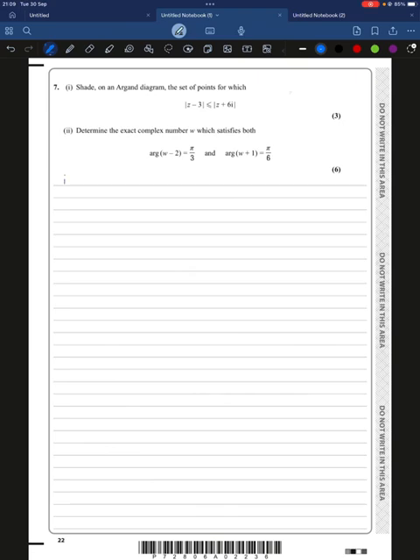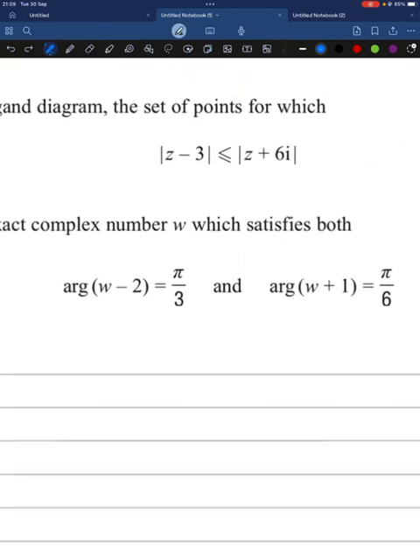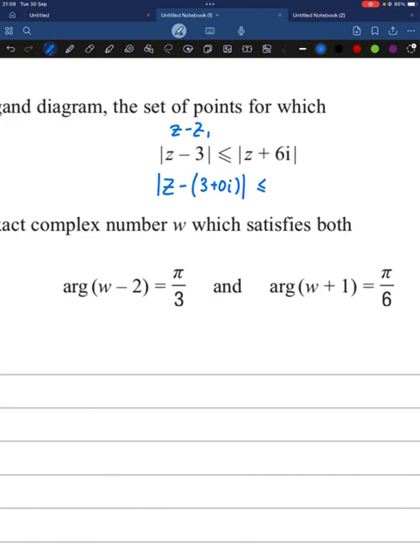So part I. Shade on an Argand diagram the set of points for which the modulus of z minus 3 is less than or equal to the modulus of z plus 6i. Right, so first, if we write this in our z minus z1 form, this is going to be the modulus of z minus 3 plus 0i is less than or equal to the modulus of z minus 0 minus 6i.